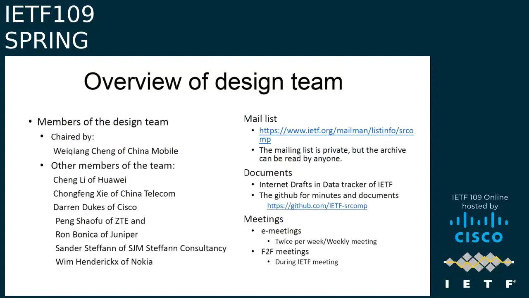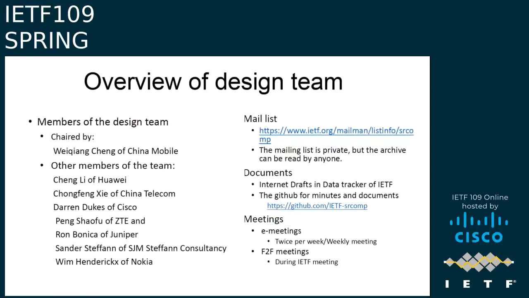I think all the members worked very hard in the past 4 months, and we have output an initial version of a compression requirement draft. About the mailing list of the design team, now it's private, but anyone can access the archive. It's public.